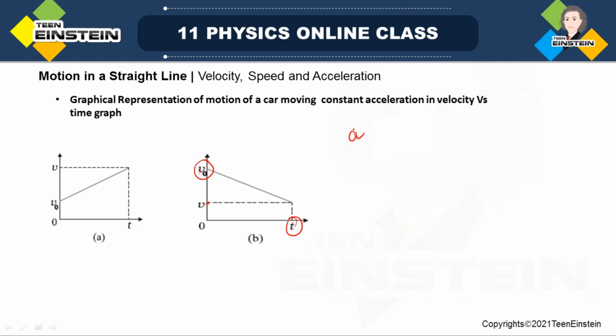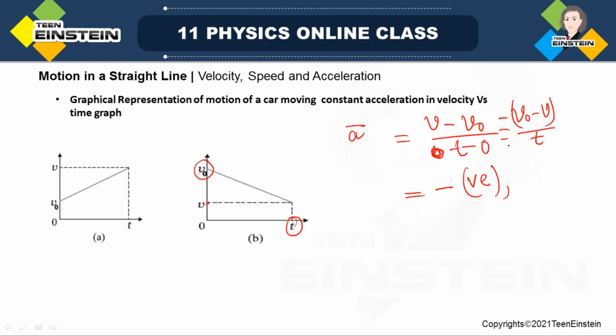That means your average acceleration, if you write final velocity v minus v0 divided by the time interval t, will be negative, because v is less than v0. So it is having negative average acceleration.